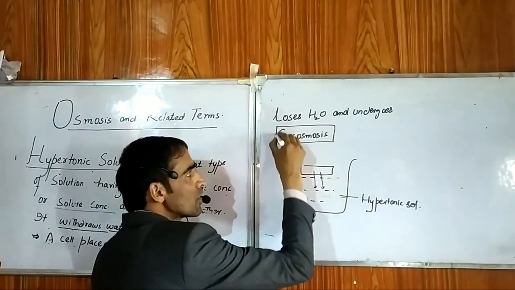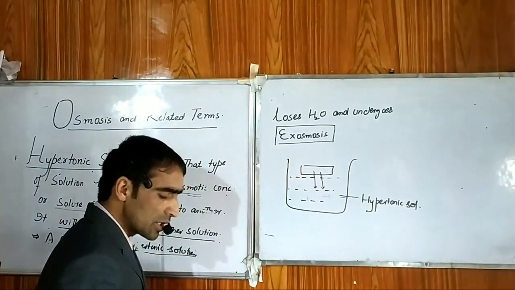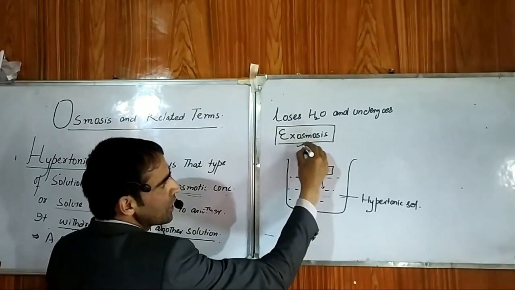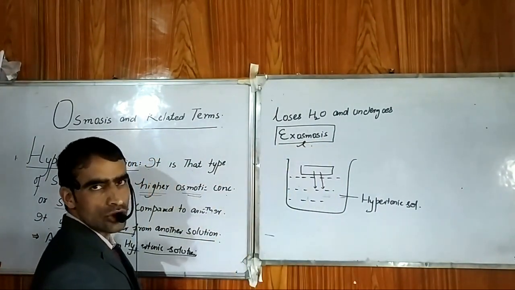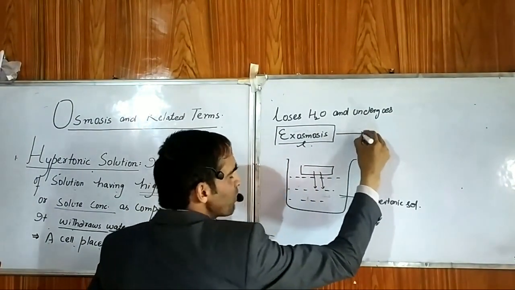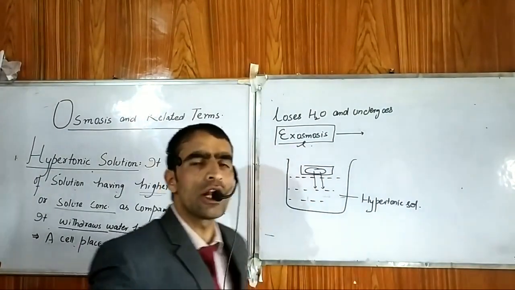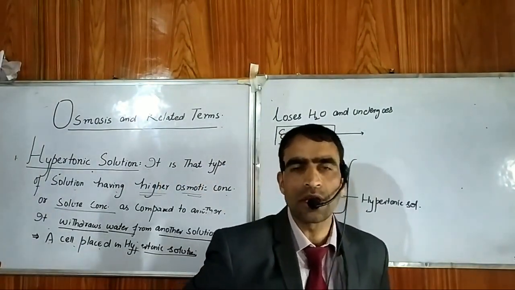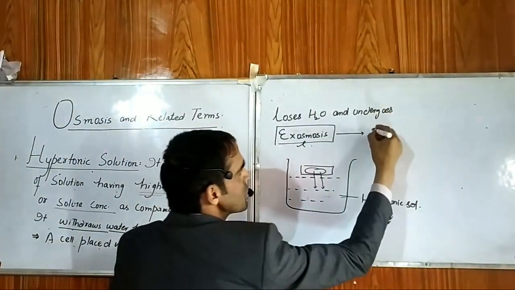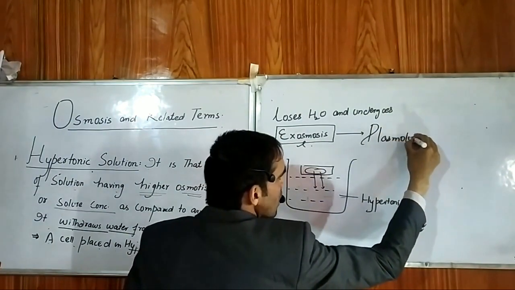Beta, remember, if water is lost by osmosis, that is called exosmosis. That is why whenever a plant cell is placed in a hypertonic solution, it undergoes what is called exosmosis. In the next topic we will see, when the protoplasm, the inner material, totally shrinks, the plant cell undergoes plasmolysis. That means it will be responsible for shrinkage of the protoplasm of this plant cell.